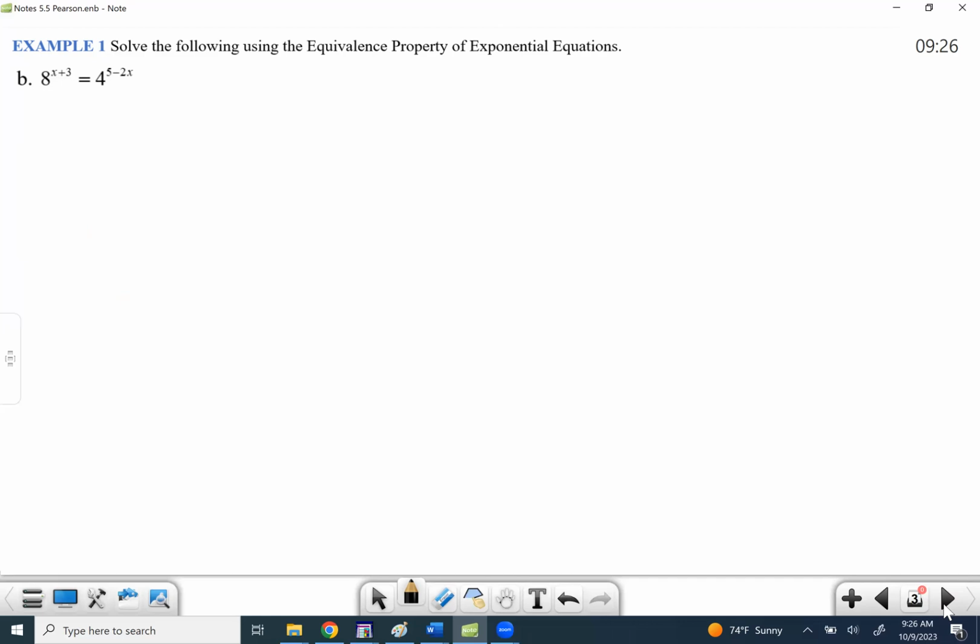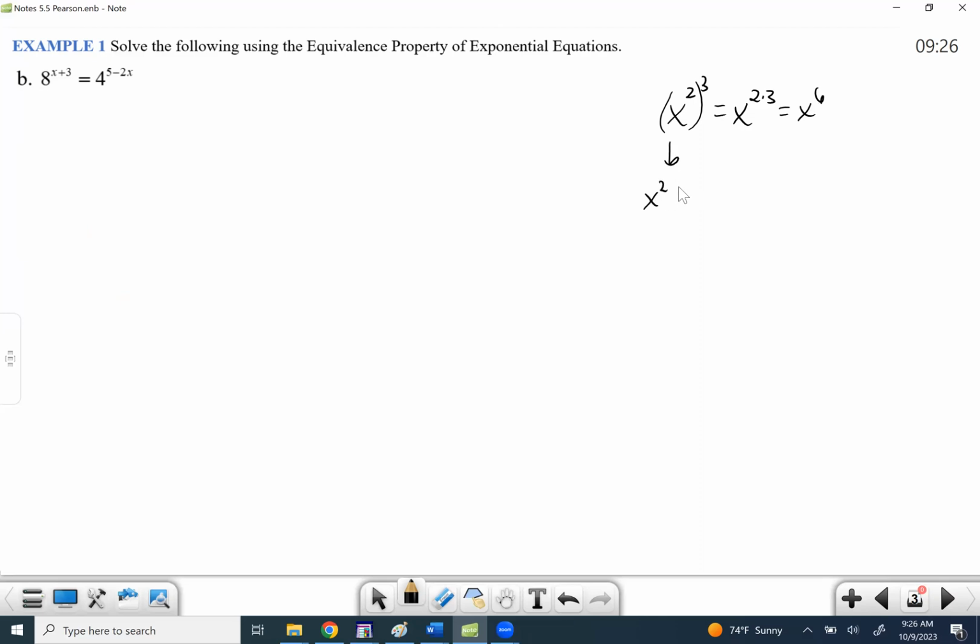For this one right here, one thing I want to make sure you remember is a property of exponents that says when you have a power on a power, an exponent on an exponent, you just multiply those two by each other to get the new exponent. That could be obvious if you write this out.